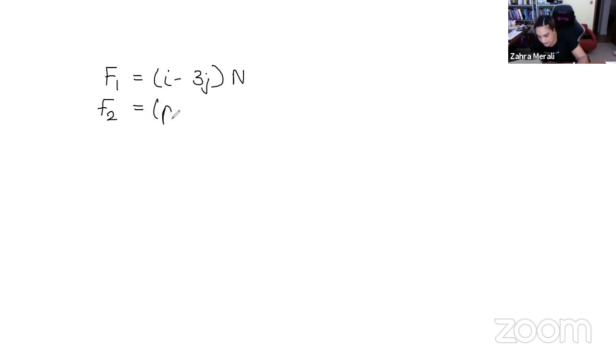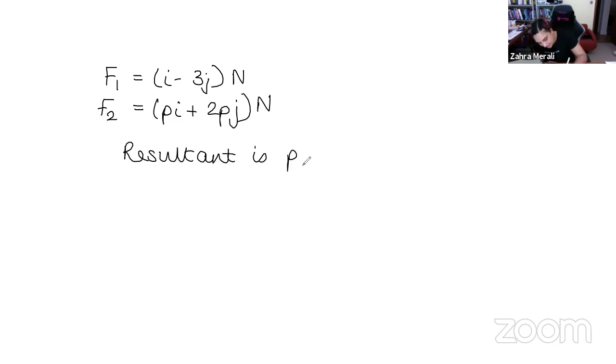multiples. So if I give you 2 forces, for example, if they gave you F1 is I minus 3J newtons, F2 is Pi plus 2pj newtons, but they tell you that the resultant is parallel to I. Okay, so first let's say, how do we get the resultant?